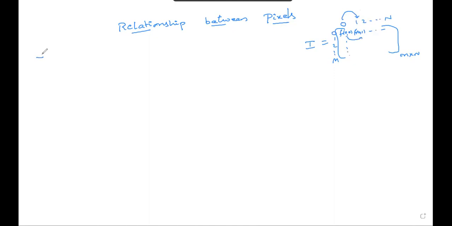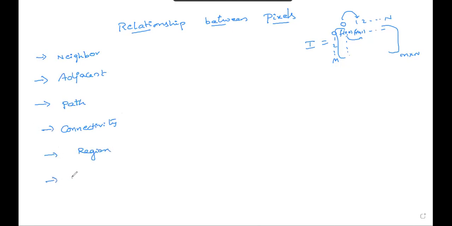These relations can be explained in the following terms. First one is neighbor. Second one is adjacent. Third one is path. Fourth one is connectivity. Next, region, boundary.